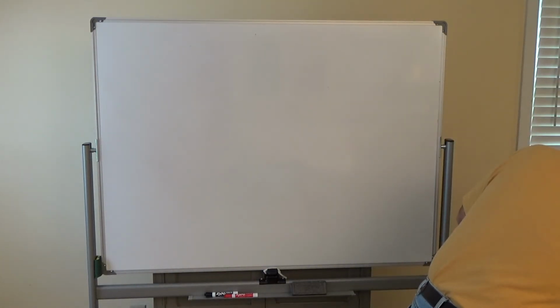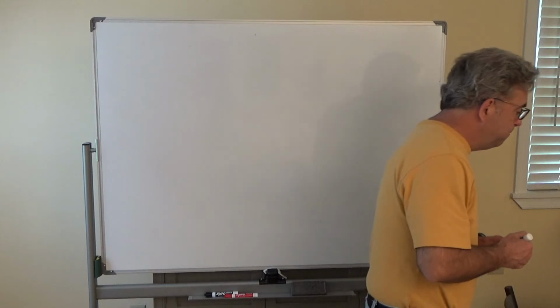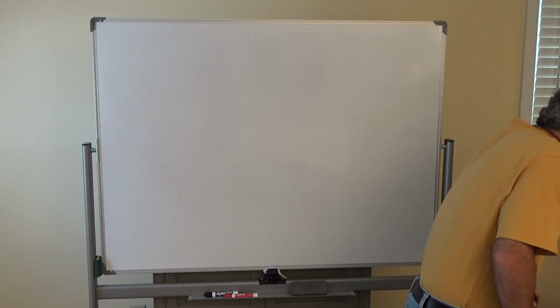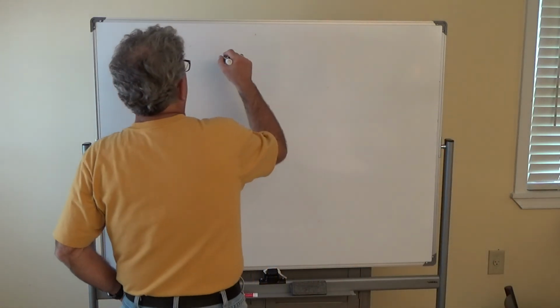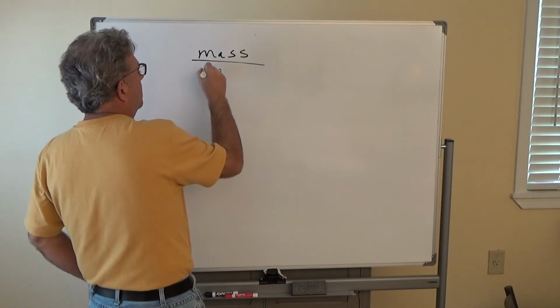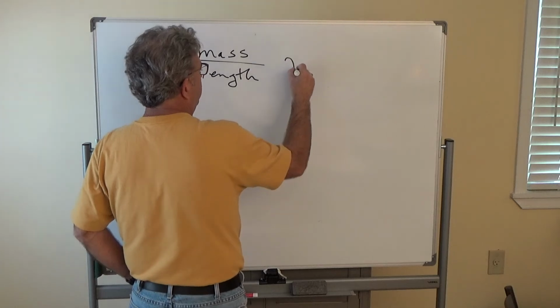Number 7. Number 7 is the non-uniform mass rod. So they give you a mass per unit length, lambda.